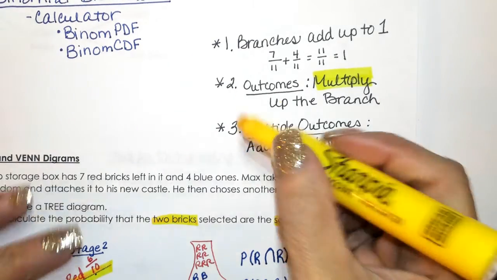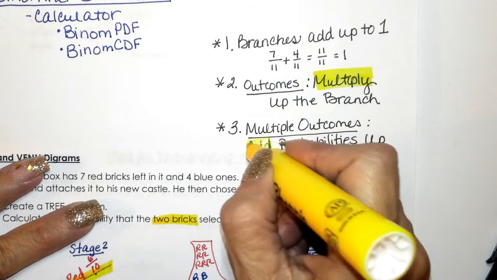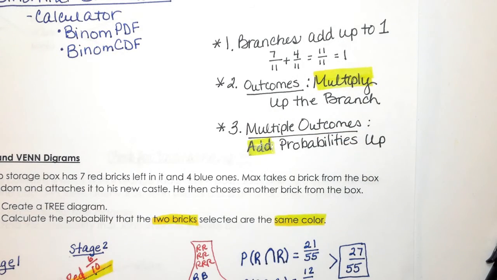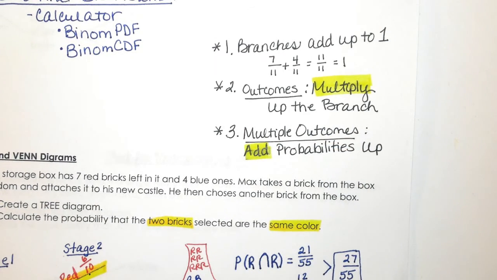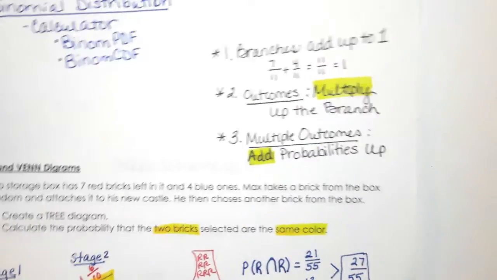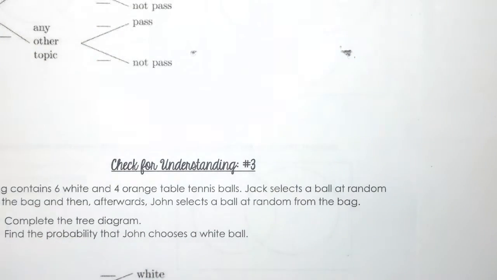Okay, multiple outcomes. We are going to add probabilities up. And that is a tree diagram. Okay, I can't wait to do the next one. All right, so let me put that over here.